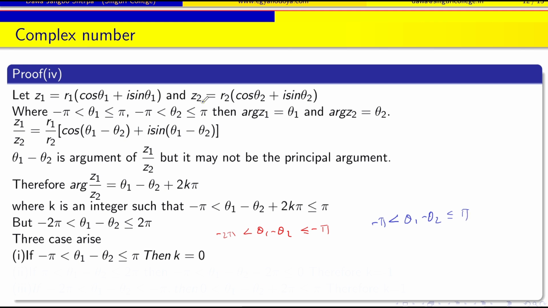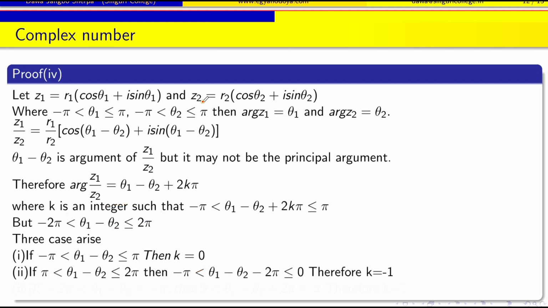The next case is pi less than theta 1 minus theta 2 less than or equal to 2 pi. These three cases come from here. In the case where theta 1 minus theta 2 lies in the range minus pi to pi, k will be 0.